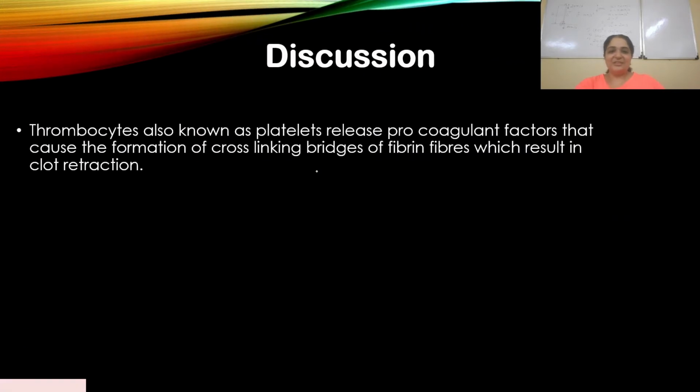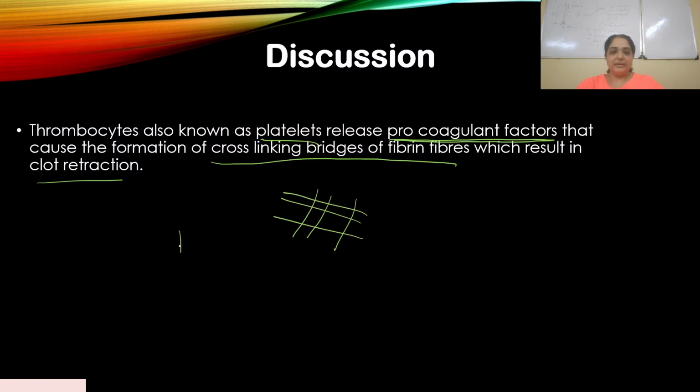So thrombocytes, also known as platelets, like I said, they release procoagulant factors. That is, they help in the coagulation of blood, and they cause the formation of cross-linking bridges of fibrin fibers, which result in clot retraction. So, like I said, fibrin mesh is formed here. Platelets release some factors that cause clot retraction. That means the clot reduces in size.